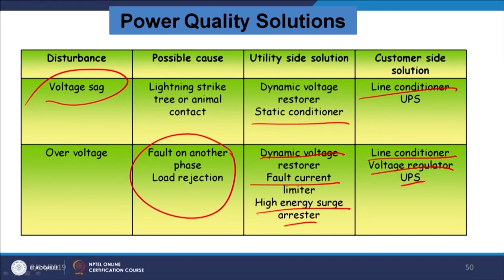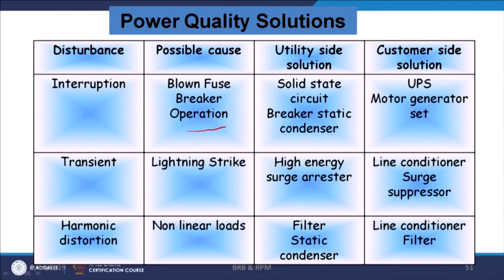For interruption, it can be a blackout or the breaker operation. The utility side solution is the solid state circuit breaker, which can restore very fast, and the customer solution is the motor generator set.